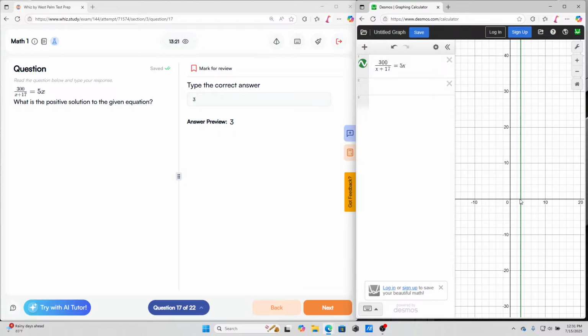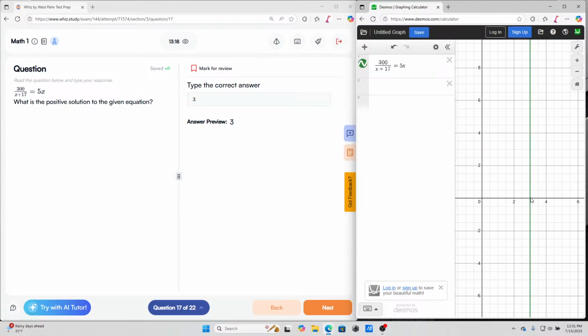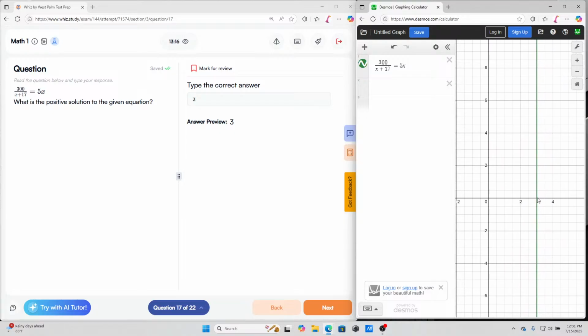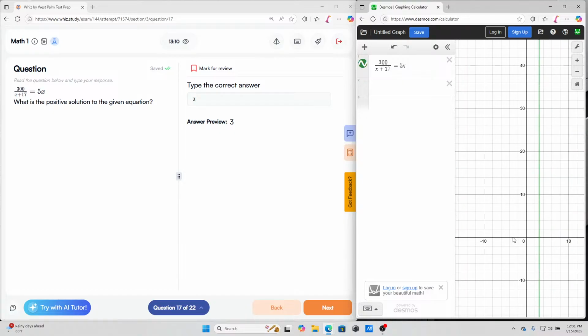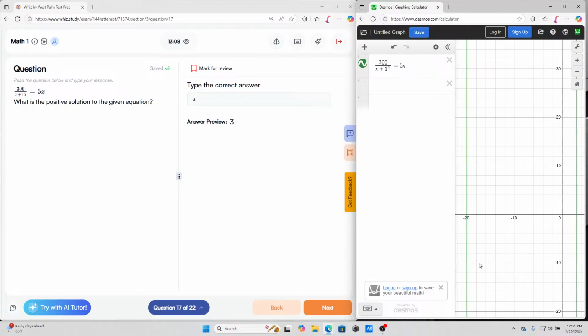So yeah, Desmos just gives us the solution that's closest to 0, which is 3. But sometimes you got to do it like this because there's 2 solutions.